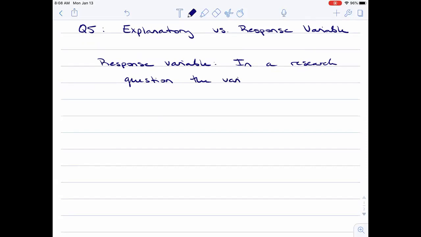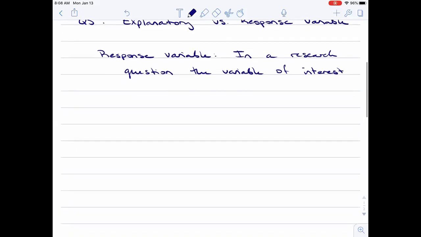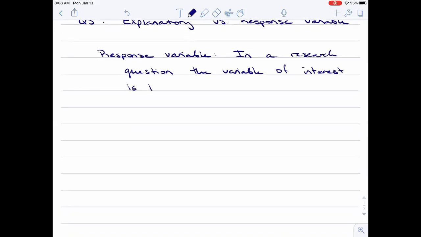is the variable of interest. How many tomatoes do I get off of one plant? Let's make that our response variable.